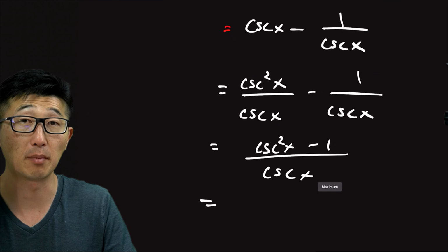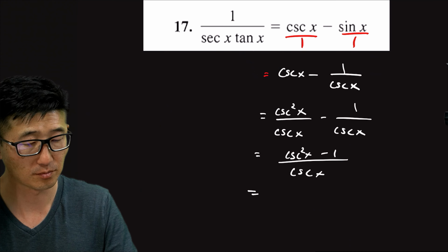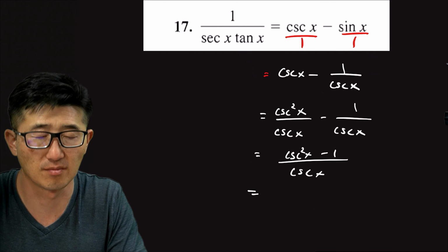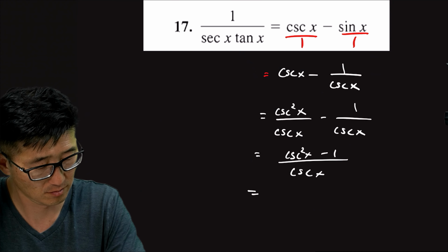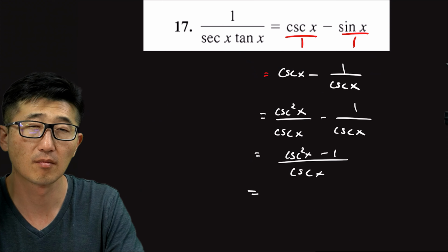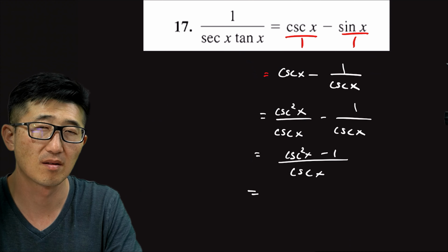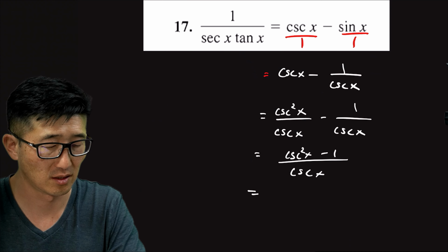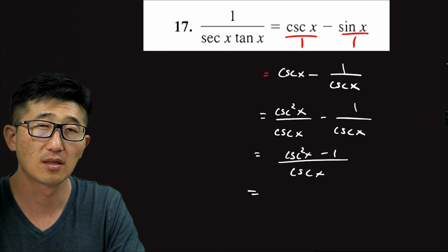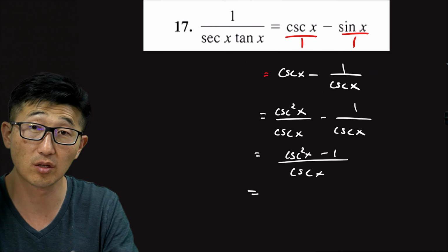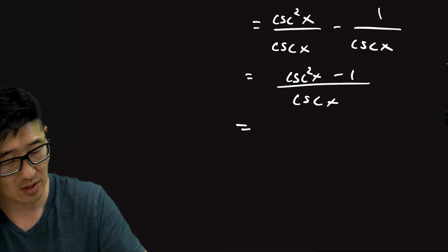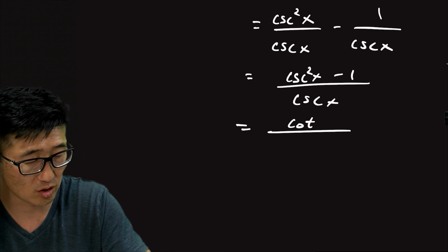Good. And then can you combine the two? Yes. So cosecant squared x minus 1 over cosecant x, which is cotangent squared over cosecant squared. Yes, you turned that into a cotangent squared. Nice. Okay, so good.